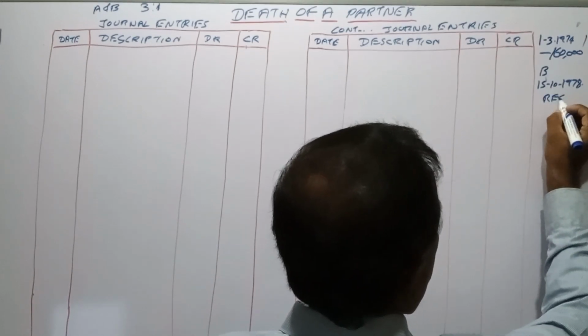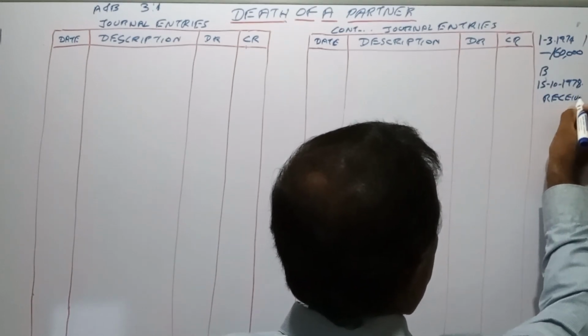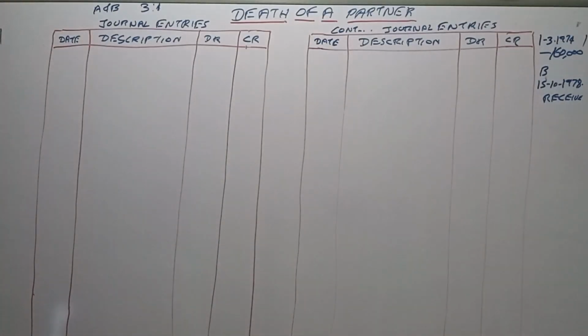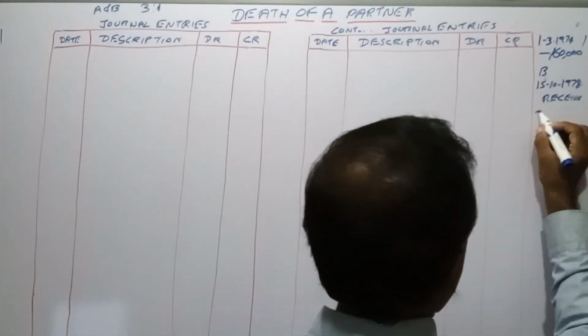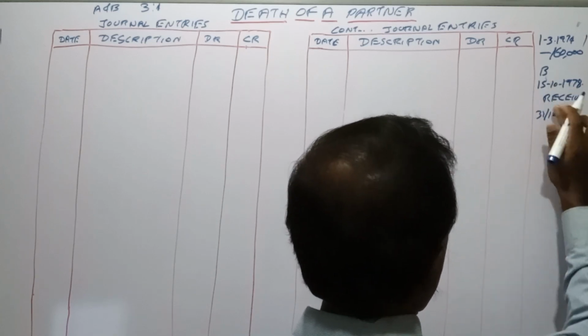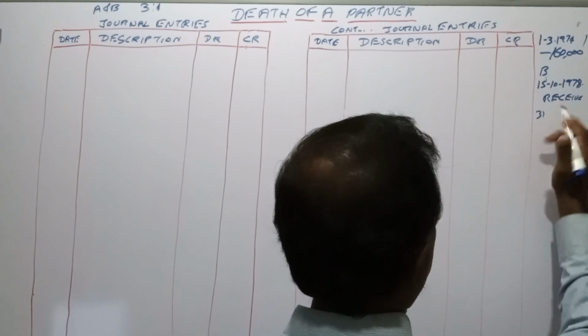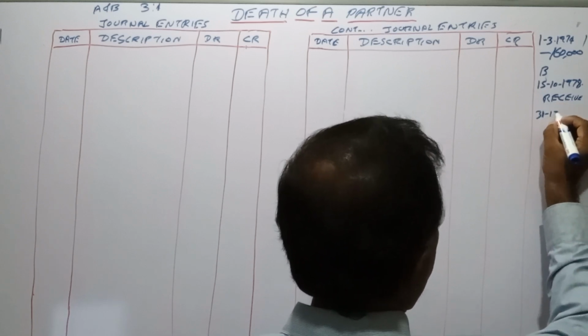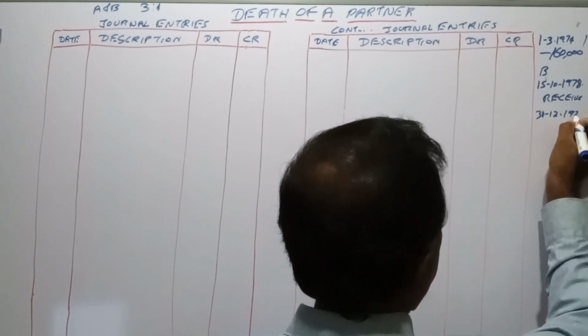It is an insurance policy, right? The insurance policy amount was received on 31st December 1978.